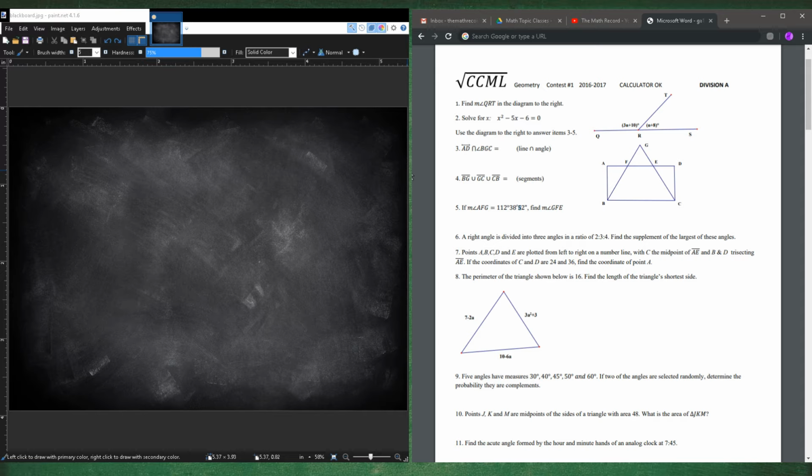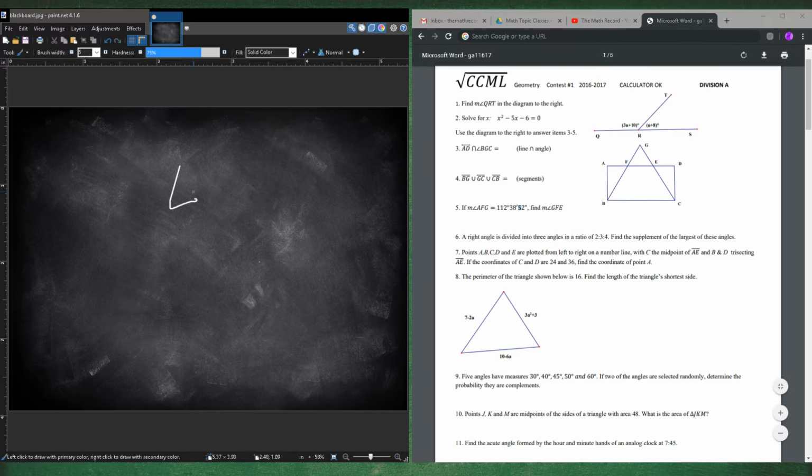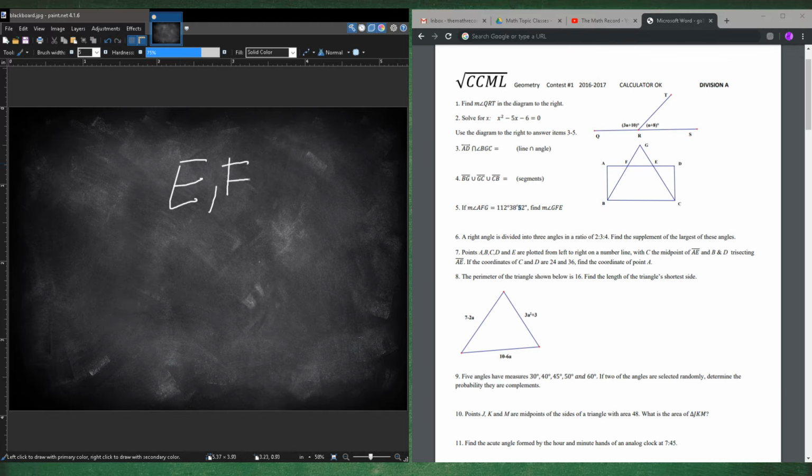So if it's a line and this angle, that means what we're looking for are points. So the only ones that are intersecting are points E and F. So your answers would just be E and F. It's basically just that easy. You just have to learn your notations.